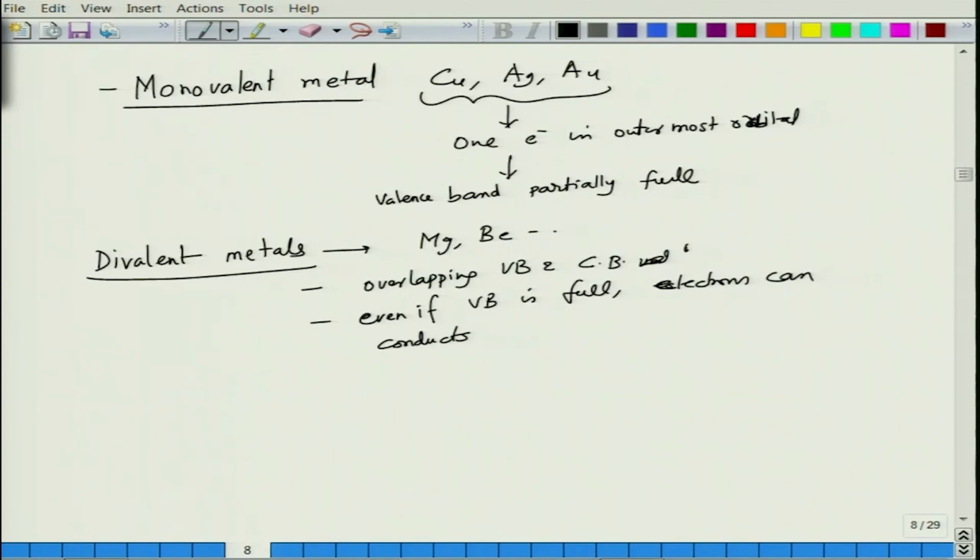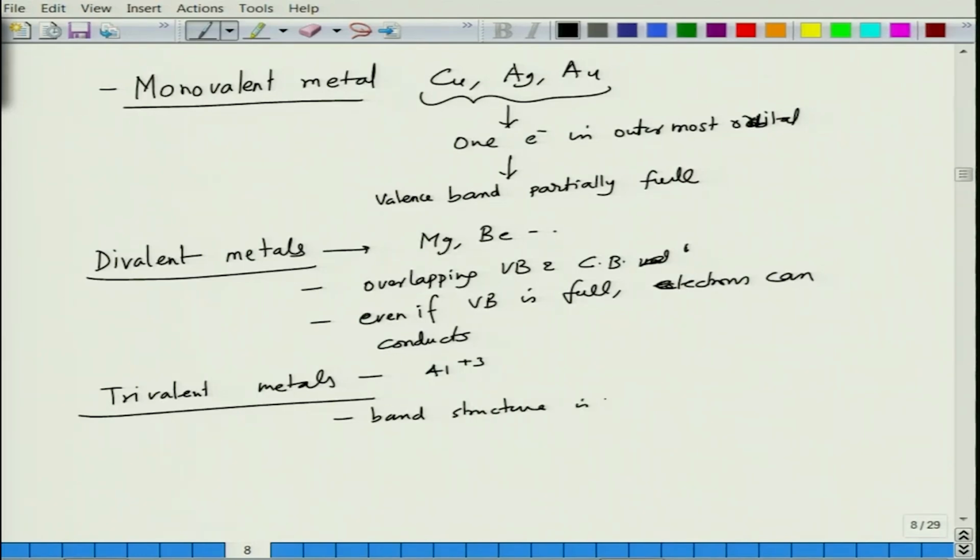On the other hand, if you look at trivalent metals such as aluminum, which is +3, the band structure is similar to monovalent metals. So you can say that the outermost band is partially empty.